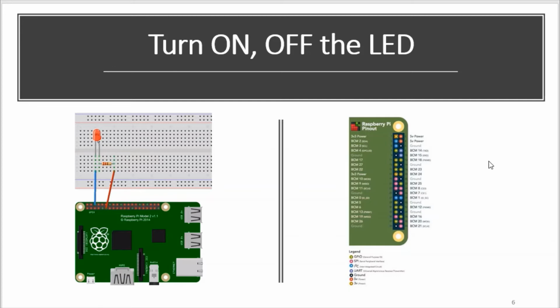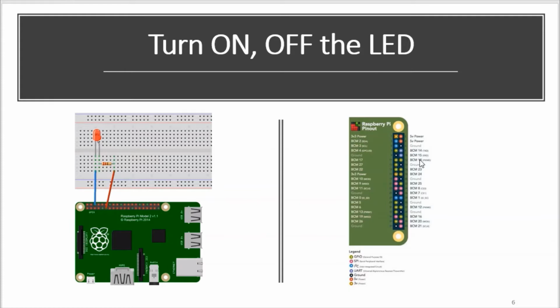This slide is from last semester, starting Graduation 1. Before I came to Graduation 2, I tried to turn an LED on and off, and I turned it on and off successfully.